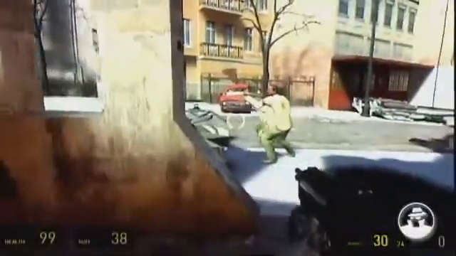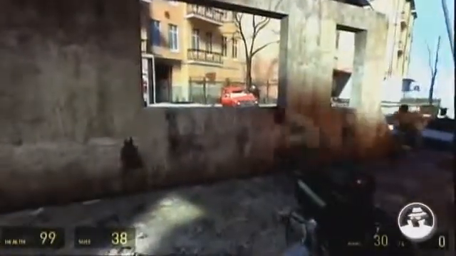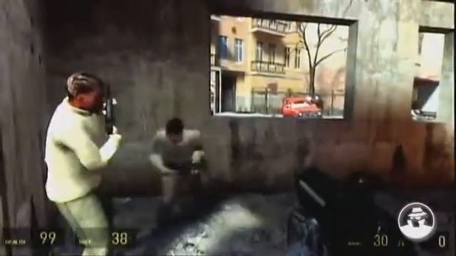Cover me, Gordon. Note that these are not scripted sequences. The AI is determining when your allies choose to advance and how to best help you out in combat.